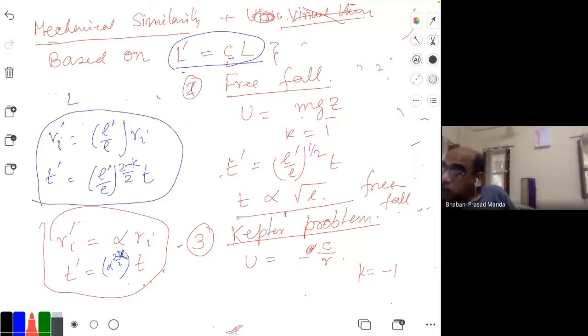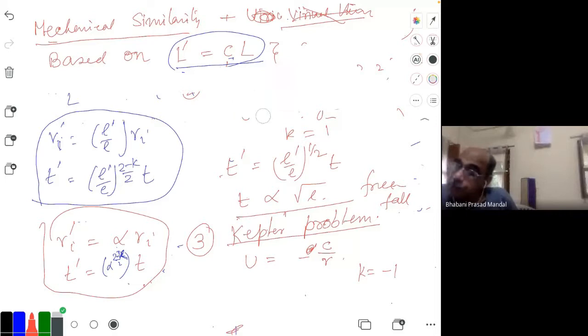So now what will happen? With k equal to minus 1, it will be minus minus plus, so t prime will be L prime by L to the power 3 by 2 times t.